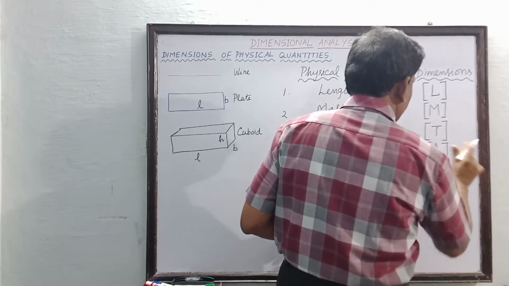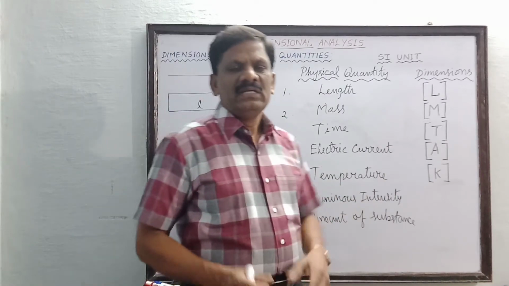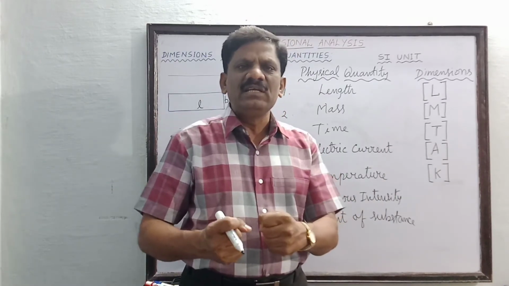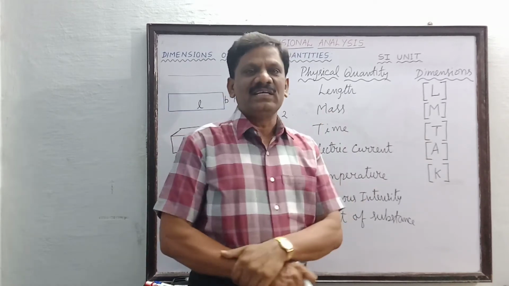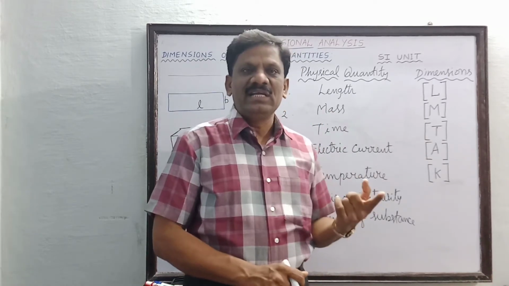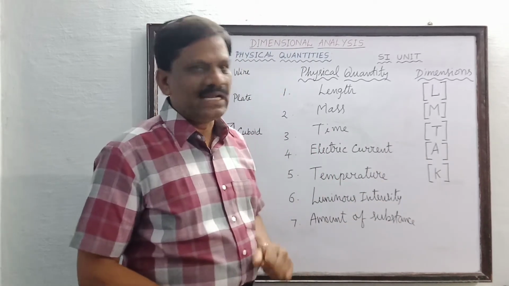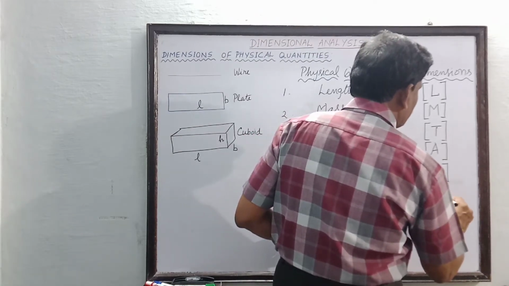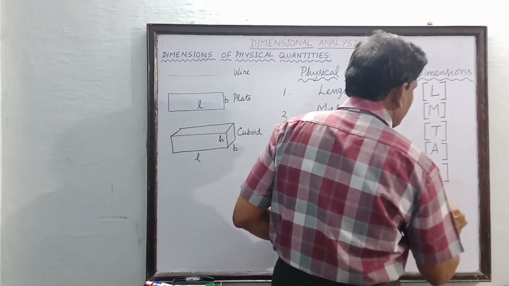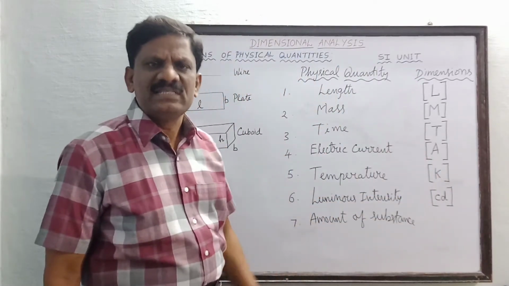Now luminous intensity. It is the amount of light energy radiated per unit area per second, and its unit is candela. So luminous intensity has a dimension represented by the symbol small c, small d, the short form for candela.